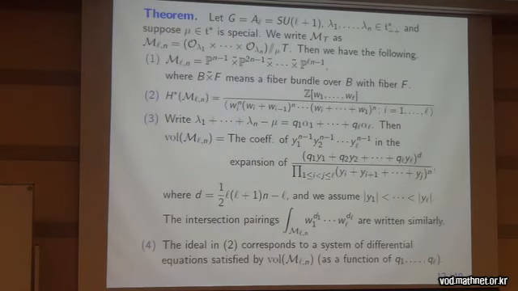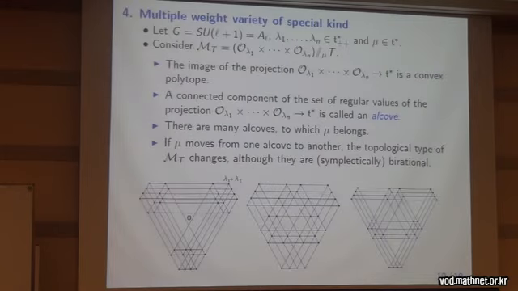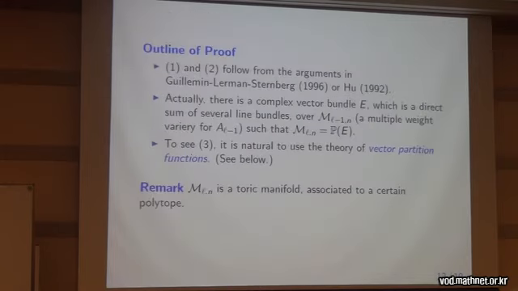To see this, it is quite natural also to use the theory of vector partition functions, which will be the next topic of this talk. Okay. So, but finally, next here, I want to mention that our MLn, the multiple weight variety of a special kind, is in fact a toric manifold associated to a certain polytope defined below.